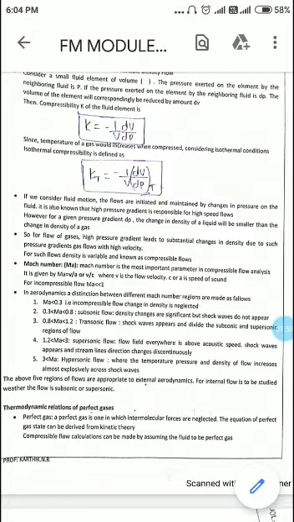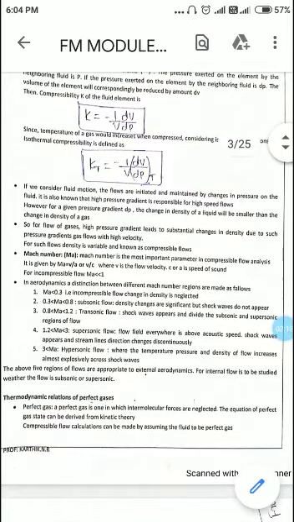The next heading is Mach number. The flow patterns can be identified with the help of this Mach number. It is the most important parameter in compressible flow analysis. It is defined as the ratio V by a, or V by C, that is velocity divided by sonic speed.